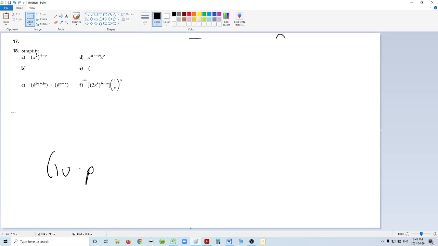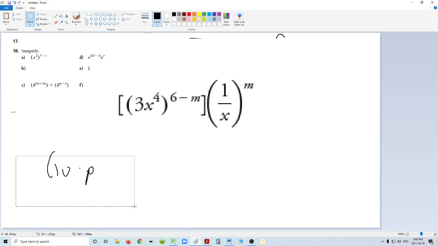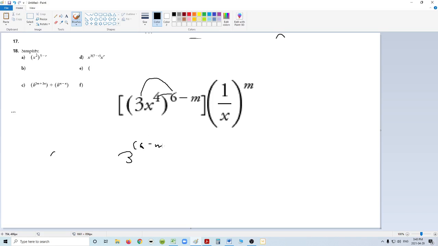Let's look at this last one. So yeah, you have to apply the exponent to the 3 and to the x before you do anything. So you get 3 to the 6 minus m and x to the 4 times 6 minus m, which becomes 24 minus 4m.